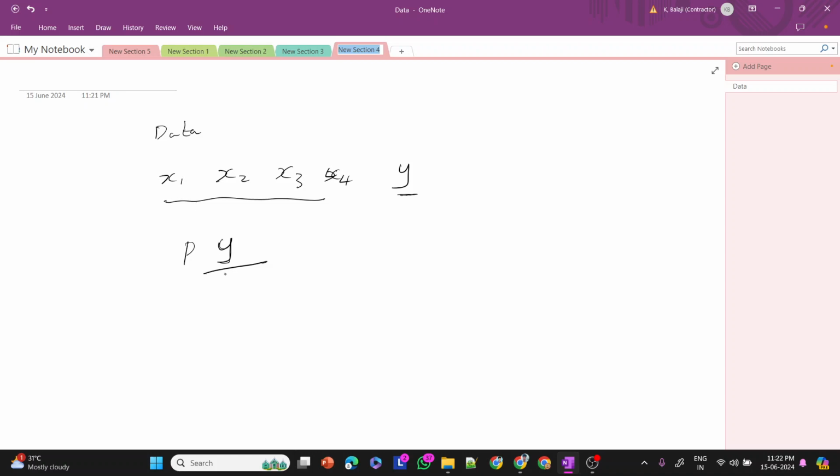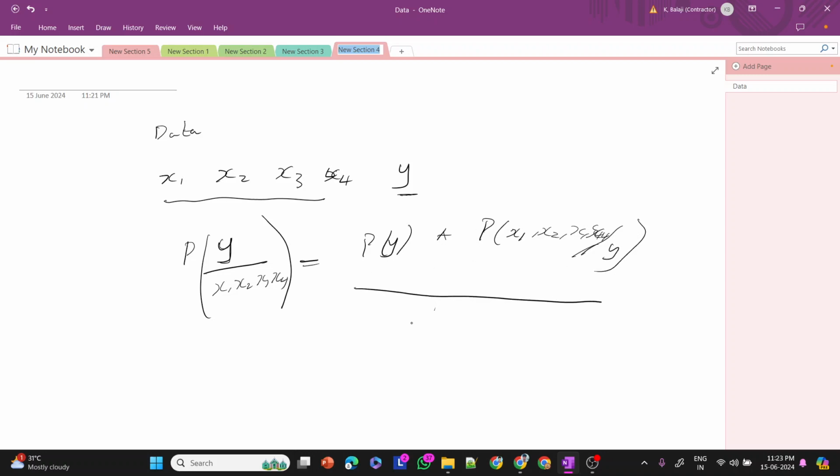x1, x2, x3 and x4 happen is equal to the probability of y times the probability of x1, x2, x3 and x4 given y, and overall divided by the probability of x1, x2, x3 and x4.